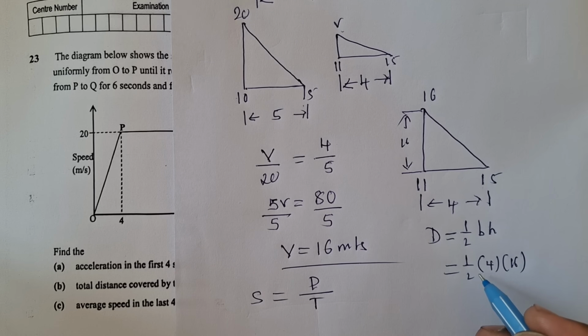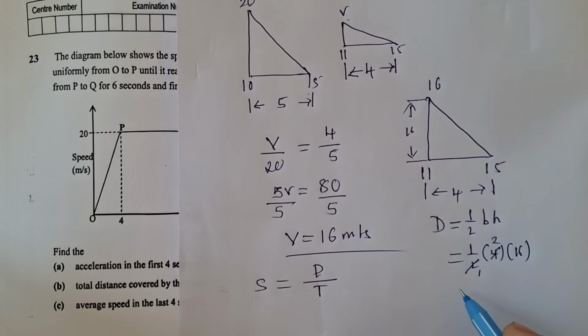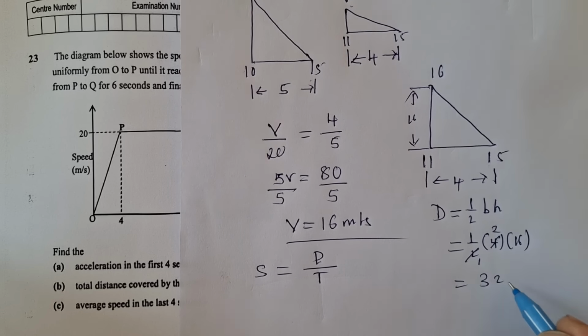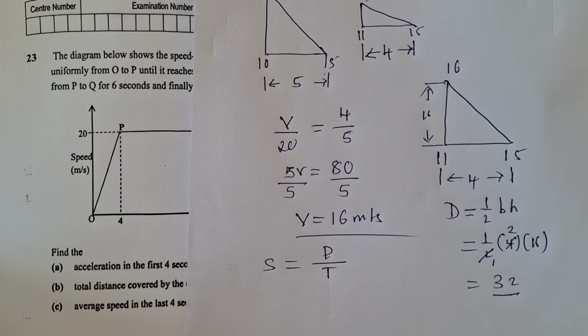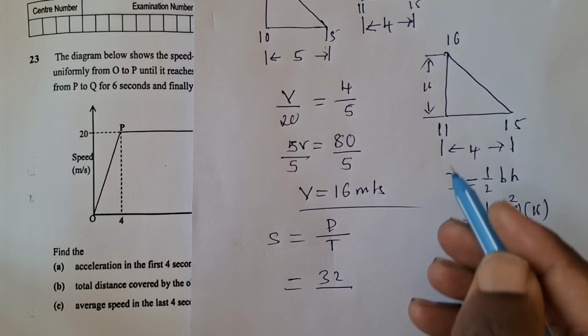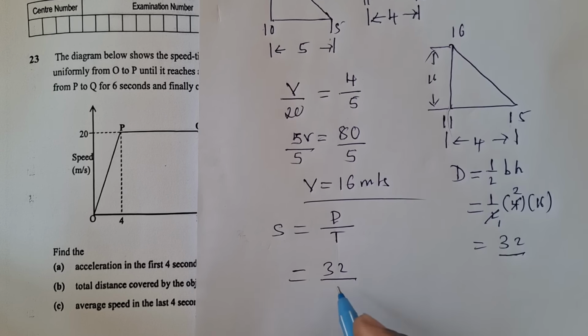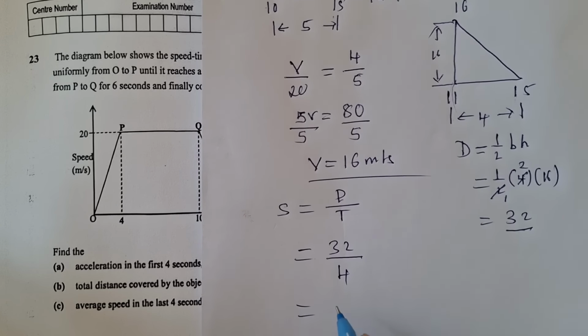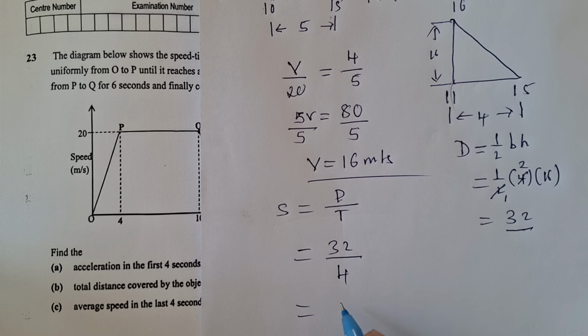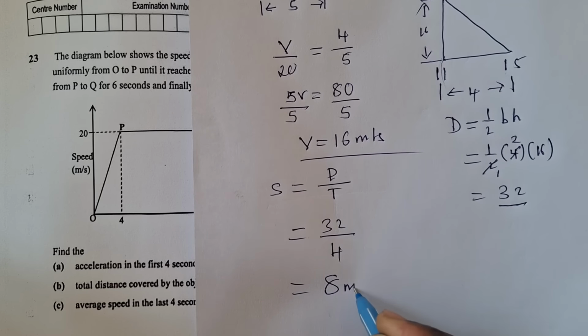So you divide 2 into 2, 1, and into 4, it's a 2. You multiply, you get 32. So this is our distance, 32. So we can plug into our formula: 32 over the time between 11 and 15, which is 4. When we divide 32 by 4, we get 8. So that is 8 meters per second.